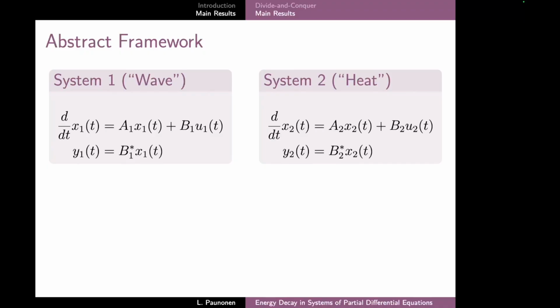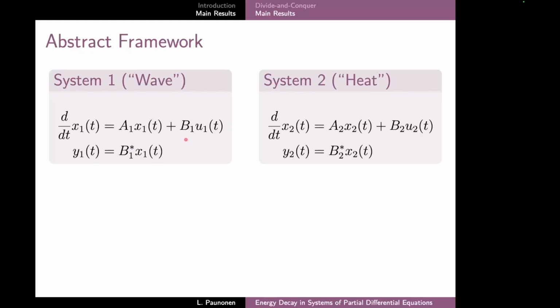In the setting of analysis of coupled partial differential equations, the spaces where our systems live are usually function spaces like the L2 space, and then the operators A1 and A2 are suitable differential operators which describe the spatial derivatives in the equations.